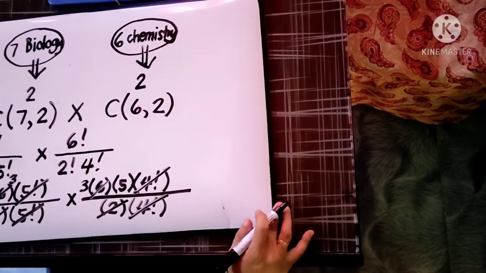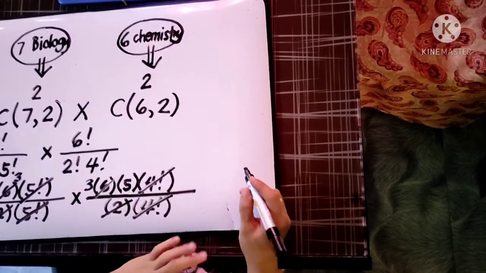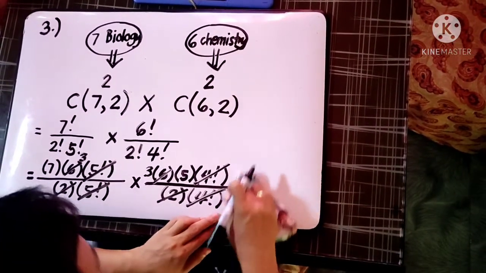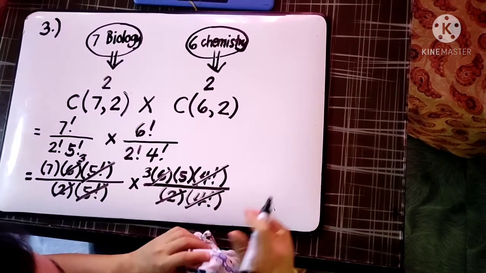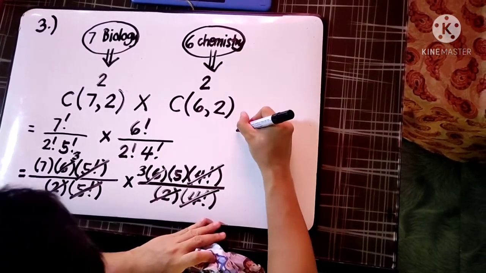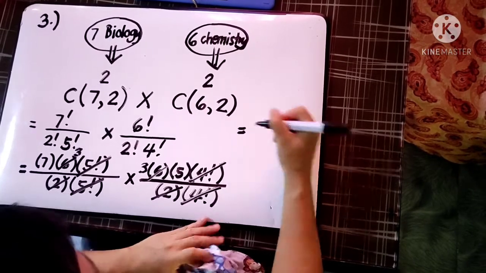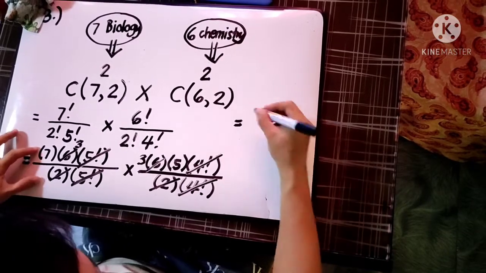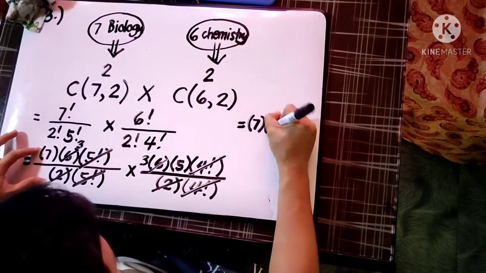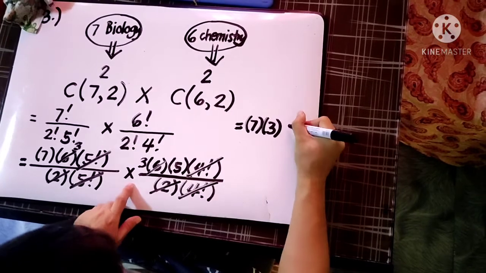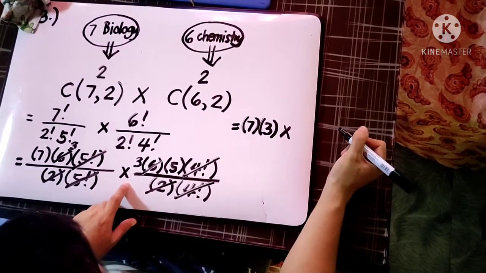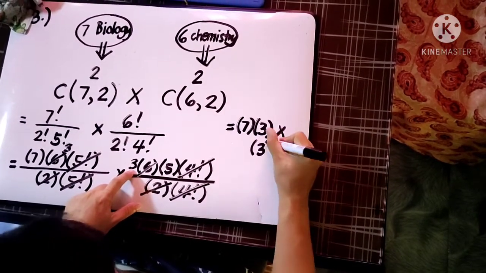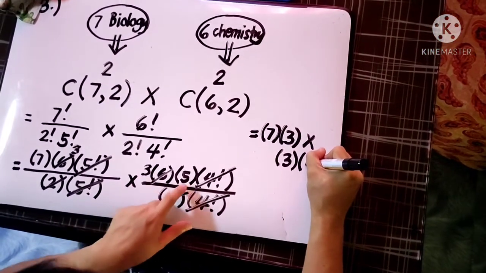Now proceed to writing the remaining factors. So let me just write the continuation here. Okay, so for the first combination, the remaining factors are 7 and 3. Copy the multiplication symbol. Then for the second combination, the remaining factors are 3 and 5.